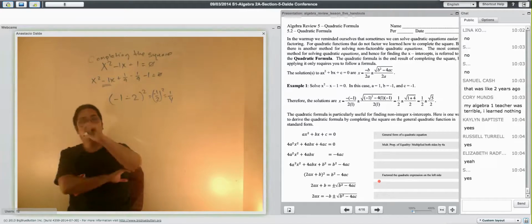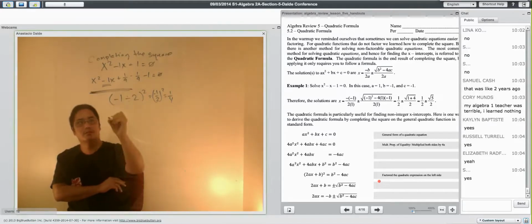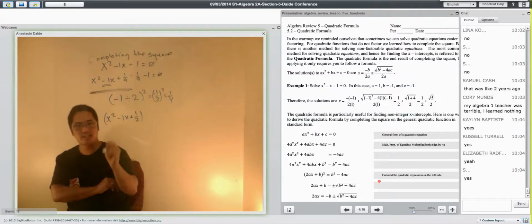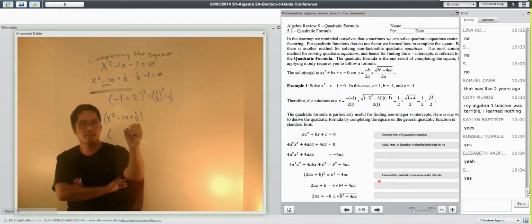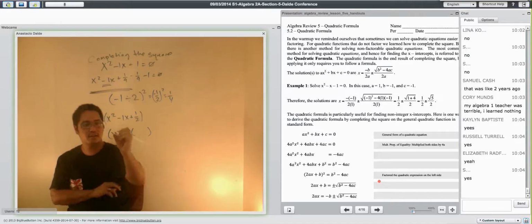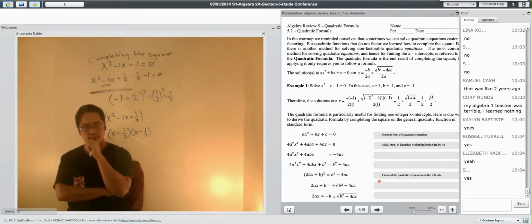Now, here's the nice thing. You see these first 3 terms? The x squared minus 1x plus 1/4. That can actually be factored nicely. It can be factored as x minus 1/2 times x minus 1/2.